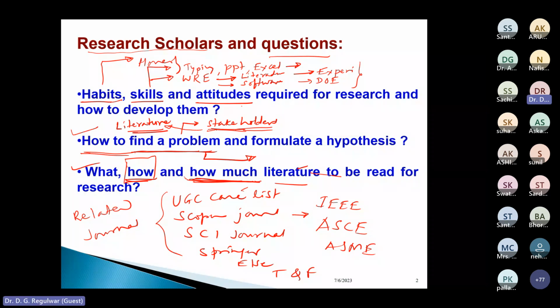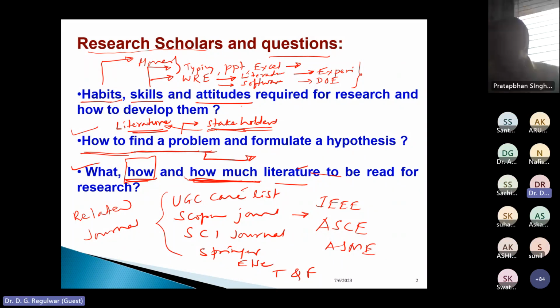It may be 10 years, 15 years, or even 50 years, because in conventional courses you may get traces up to 50 years. In the computer field, it may be 5 years or 10 years maximum. So the number of papers may be 50, or 150, or 300. There is no limit to that.